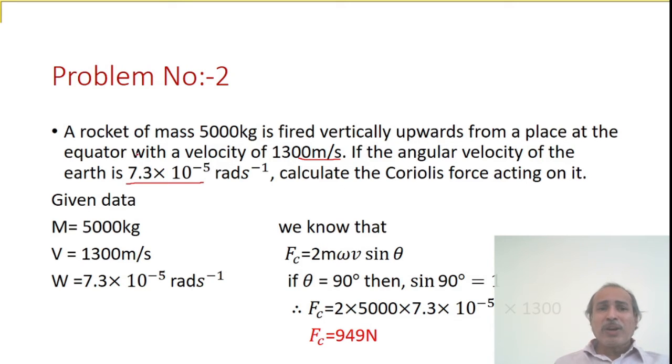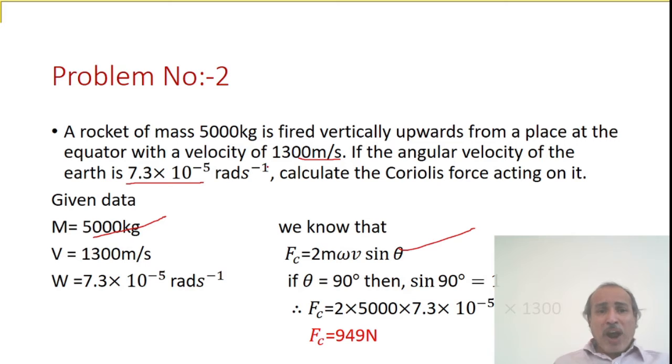So now, what are the given things here? The mass of the rocket is provided. Collect the data: let it be capital M equals 5000 kg. This is the mass of the rocket. Next, it is fired vertically on the equator, therefore theta equals 90 degrees.